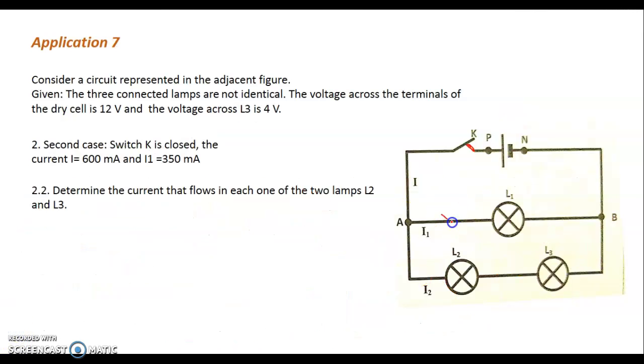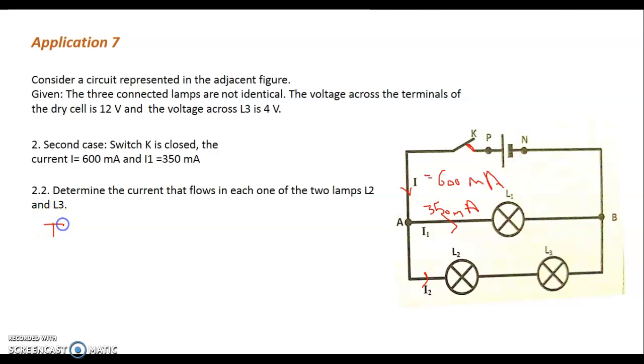Now, concerning the current, you have that I is 600 milliampere, and that I1 is equal to 350 milliampere. So we have only to apply the law of addition of current in parallel grouping. So we have I that reaches point A and is distributed between the two branches.